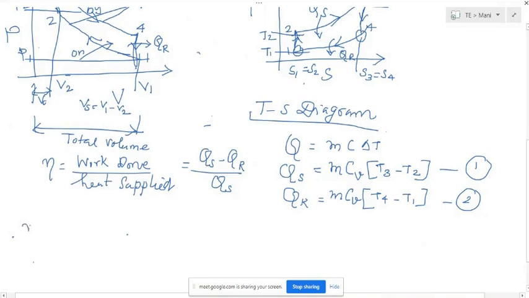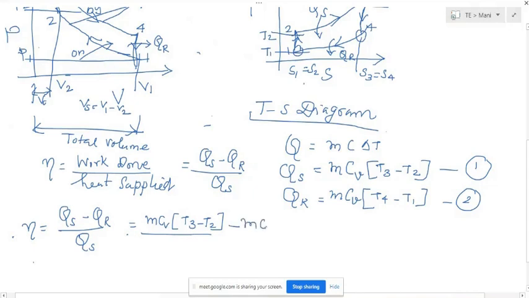Now go to the derivation. Efficiency equals heat supplied minus heat rejection divided by heat supplied. Just substitute equation numbers 1 and 2 here. Instead of heat supplied, we can use m cv (T3 minus T2), minus heat rejection, which is m cv (T4 minus T1), whole divided by again heat supplied, m cv (T3 minus T2), right?